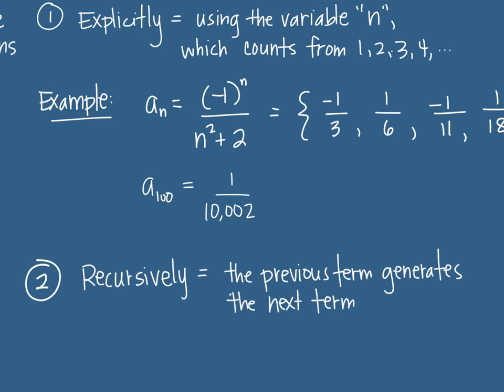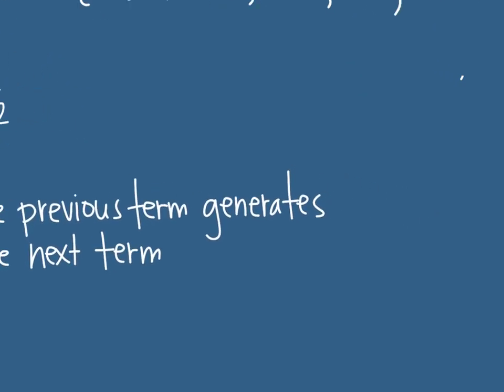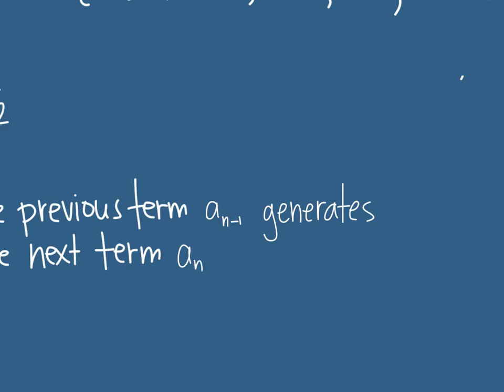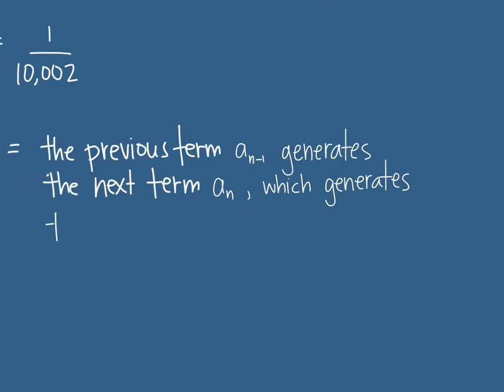Okay, that's indicated with a subscript of a sub n minus 1. So the previous term, let me see if I move this over a little bit. Okay, the previous term is a sub n minus 1. That will generate the next term, which would be a sub n. And then that term would generate the next term, which generates the next term.